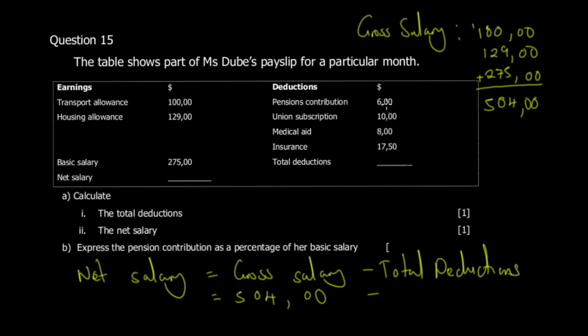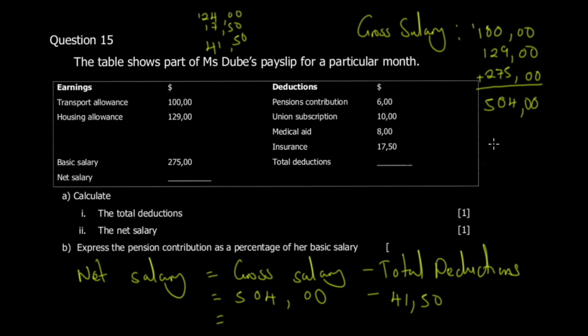What did we get the last time? I think this is 16 plus 8, you get 24. 24 plus 17.50. What did you get again? You got 5 here would be 11. So 1 here would be 4. So it was 41.50. So minus 41.50 like this.